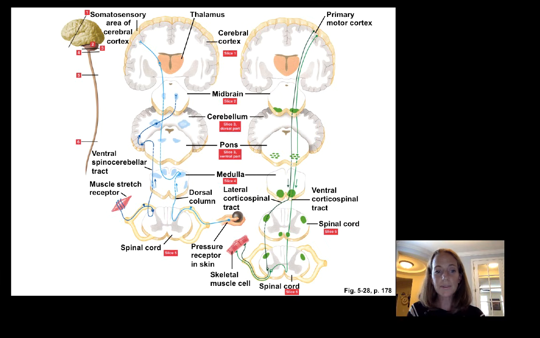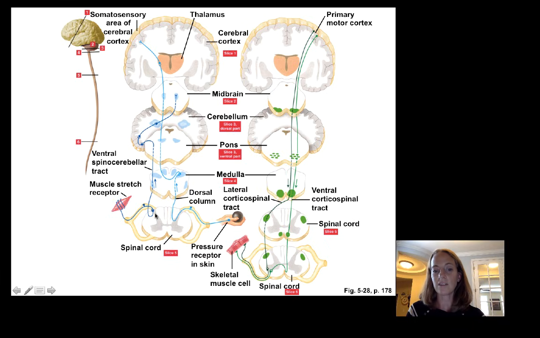So in general, what we talked about in the sensation lecture is that sensations come in through the dorsal spinal cord. Okay, so here is a muscle stretch receptor sending information to the dorsal spinal cord.